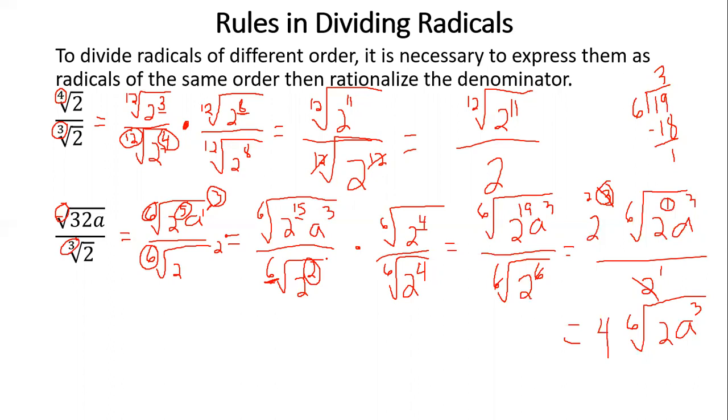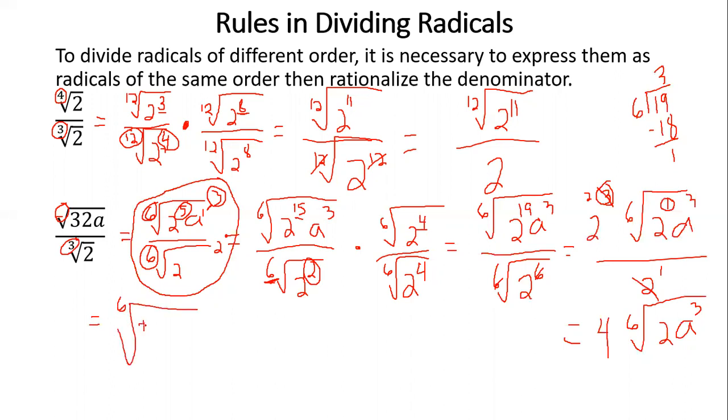Or, kung ayaw nyo pong mag-rationalize tulad niyan, meron po tayong alternative. So, hanggang mangyayari po, from this point, hindi na po tayo mag-rationalize. Okay, so ang gagawin po natin, i-combine po natin siya into a single radical.